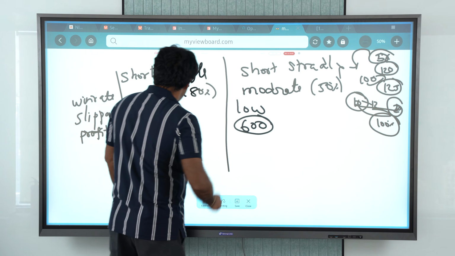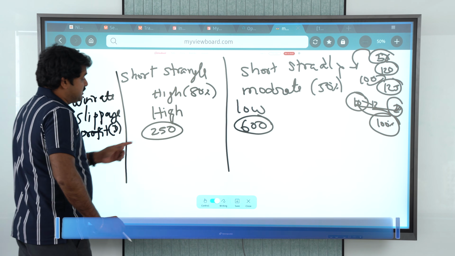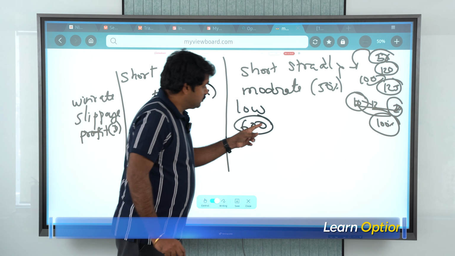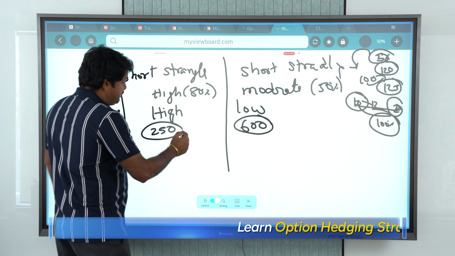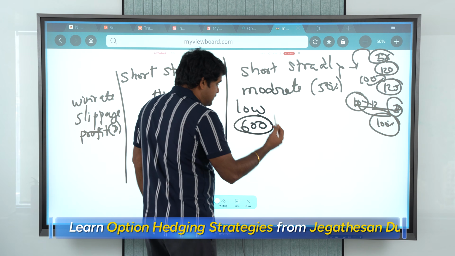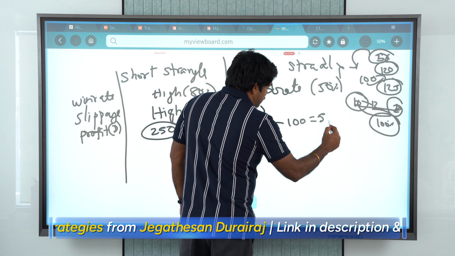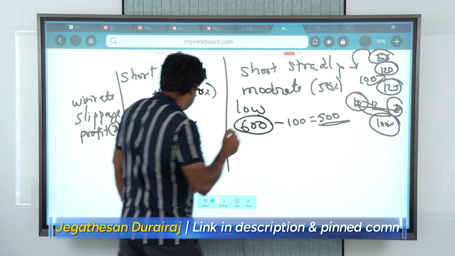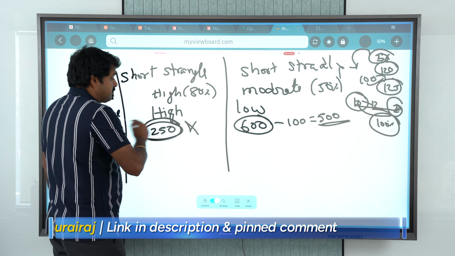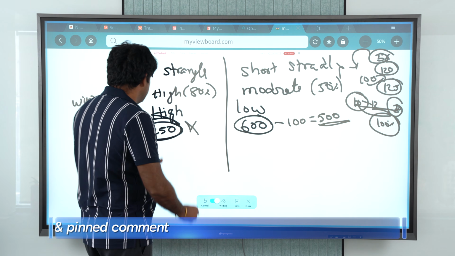This is profit per trade, per day it is close to 250, and this is close to 600. So the slippages you cannot afford here. With slippages and hedging, even if you deduct 100 rupees, then 500 rupees is the realistic profit you will get. But here it is very tough, because the profit itself is very low, so it is very difficult to realize the profit.